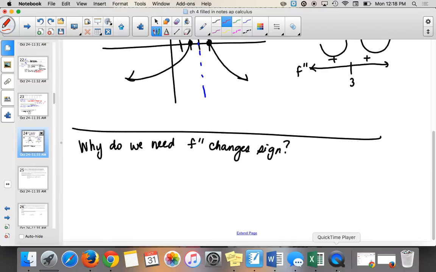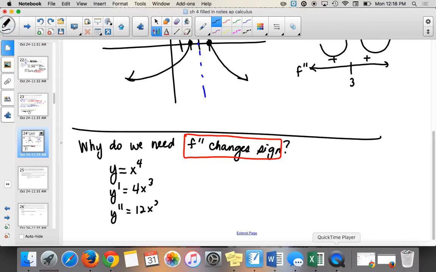Why do I always use that as my justification for a point of inflection? Okay, here's why. Remember I told you x to the fourth is a weird graph in AP Calc? It's one that you should always keep in your back pocket. When I take the first derivative, I get 4x cubed. When I take the second derivative, I get 12x squared. That means I have a point of interest at x equals 0.